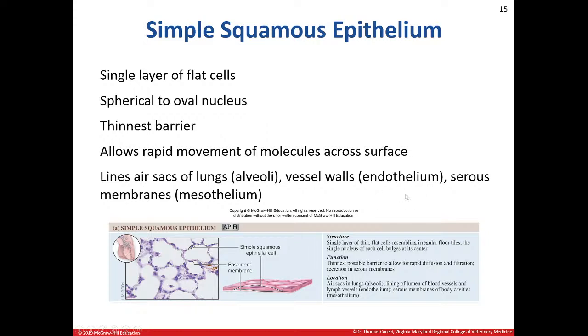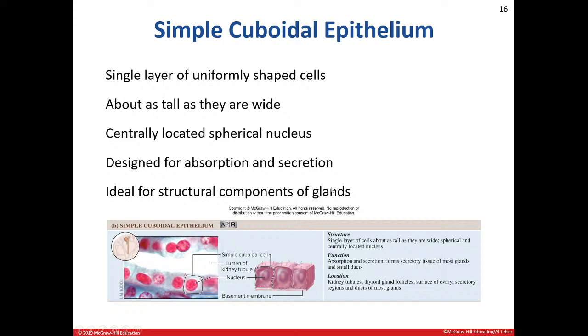This is also known as the endothelium, and because they're so thin, they allow for rapid diffusion of oxygen through the vessel wall. And carbon dioxide. Carbon dioxide diffuses from the tissues into the blood in the capillaries. And then of course they're in serous membranes as well.